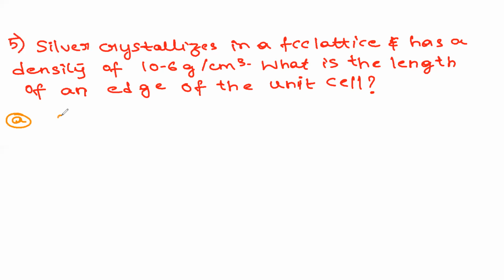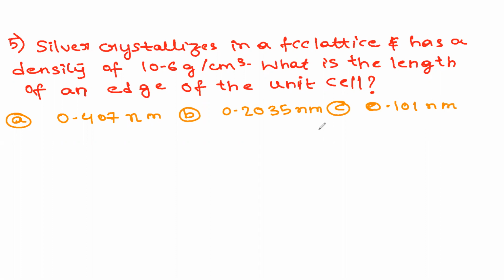They are asking us to find the edge length of the unit cell, and the options are: first, 0.407 nanometer. Nanometer is given, that is very important here. Second, 0.2035 nanometers. Third, 0.101 nanometers. Fourth, 4.07 nanometers.